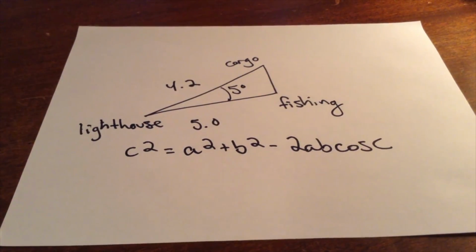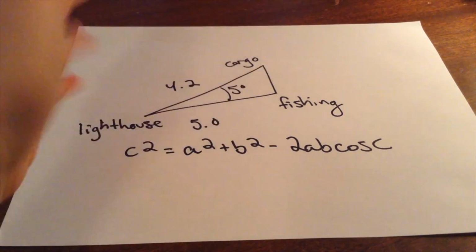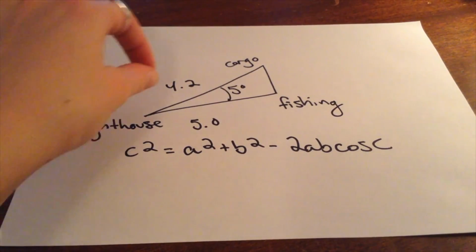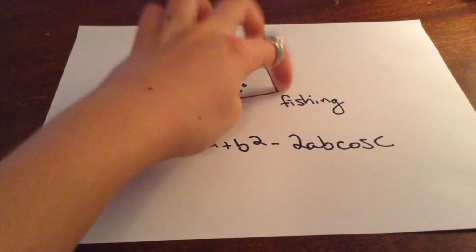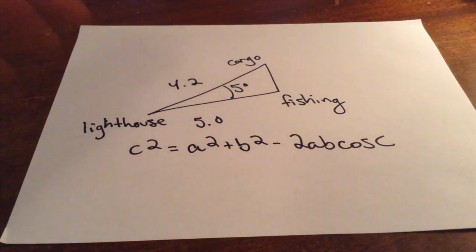Okay, so for the law of cosines, it can be kind of confusing, but it doesn't matter which vertices you assign as long as the angle opposite each vertex corresponds to it.